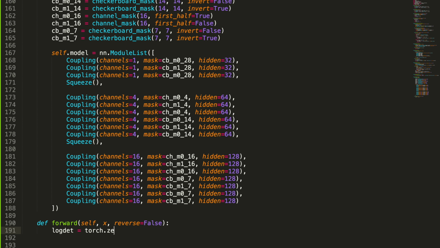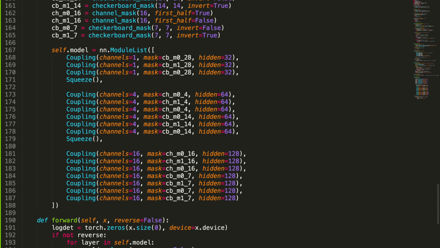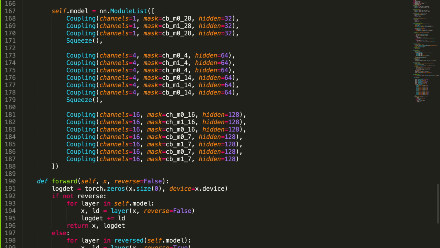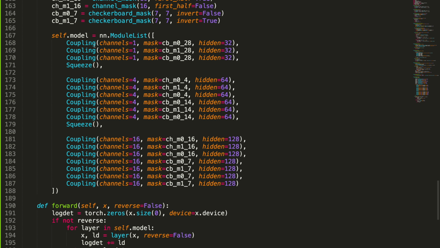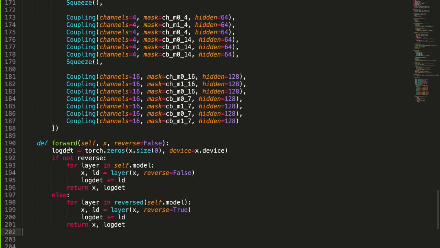Okay, and then we can implement the forward pass. So basically each of those layers in my model returns the output of the layer, but also the log determinant. So here I'm creating the log determinant. One constraint of normalizing flow is that the input and the output should have the same number of features.